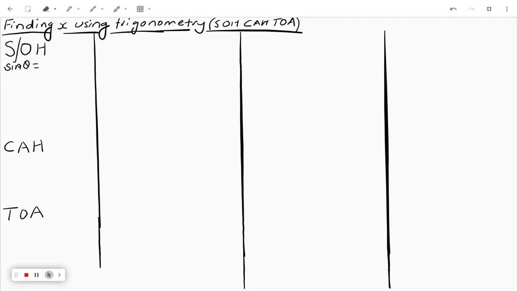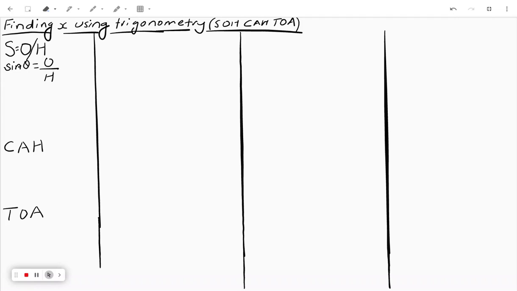Sorry, my bad. I just have to quickly erase this line, and then S equals, how I teach my kids, I just always say put an equal sign in between and then put this line, which simply means O over H. So sine theta equals O over H, which basically means opposite over hypotenuse.